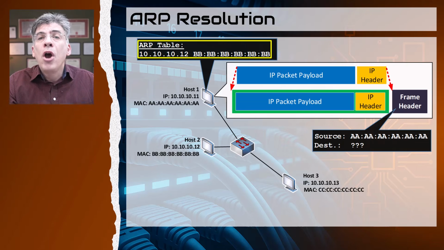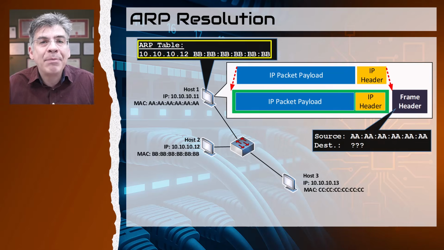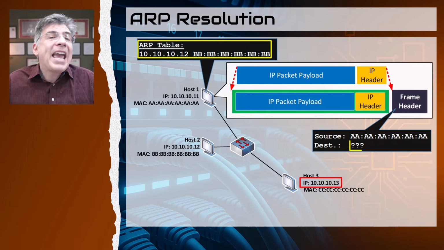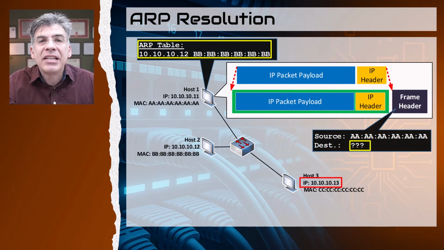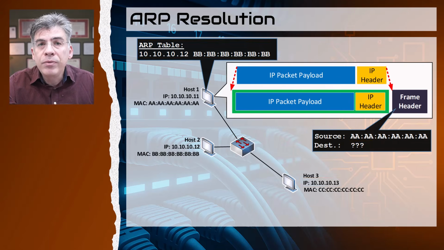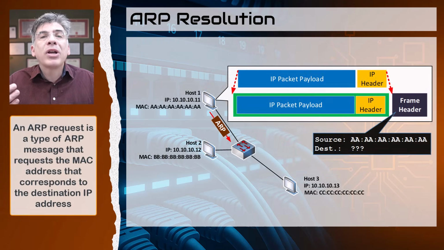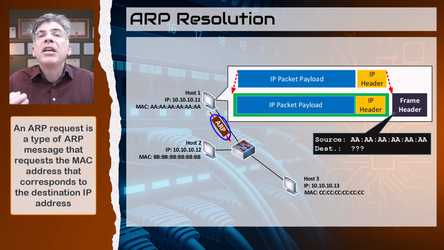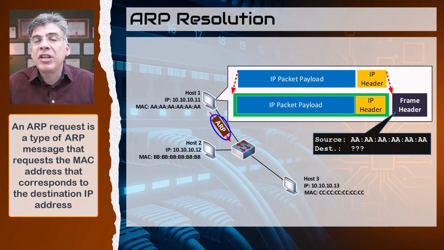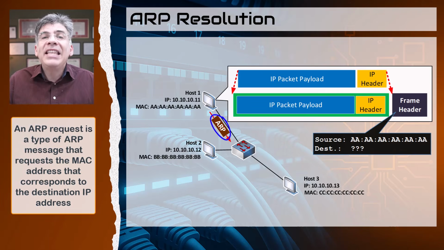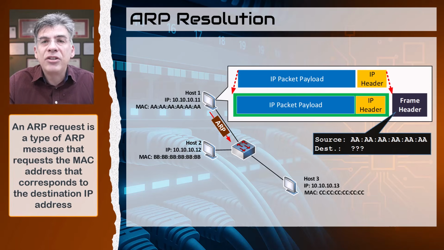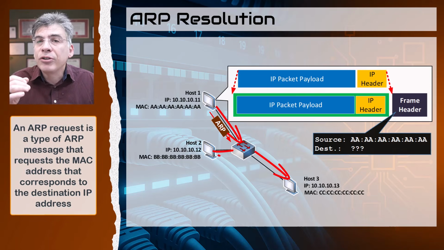Now in our case, host 1 doesn't have the IP address of our destination in the ARP table, so it can't populate the destination address in the frame. So what does it do? It sends an ARP request to find out the MAC address that corresponds to the destination IP address. This is a broadcast message that is sent at layer 2 to all hosts on the segment.